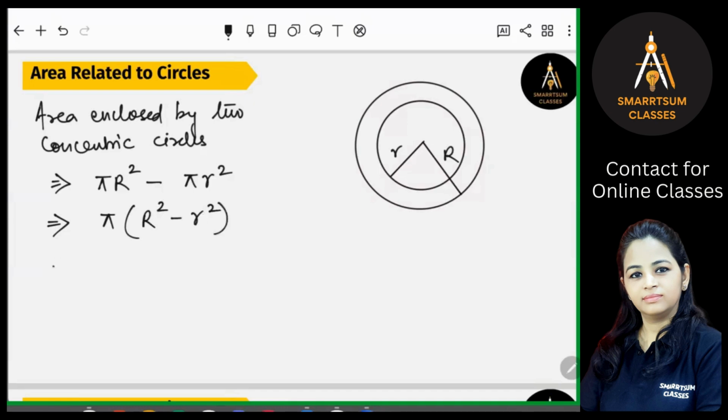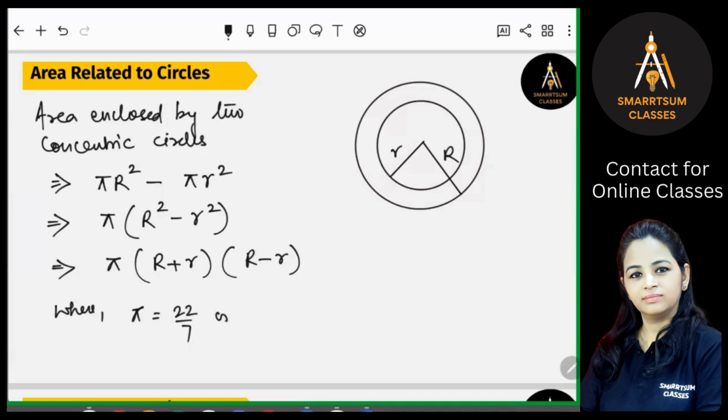Now, since this is of the form a square minus b square, you can write it as pi into R plus r and R minus r, right? In this way, you can find out the area enclosed by two concentric circles, where pi is 22 by 7, a constant, or 3.14.